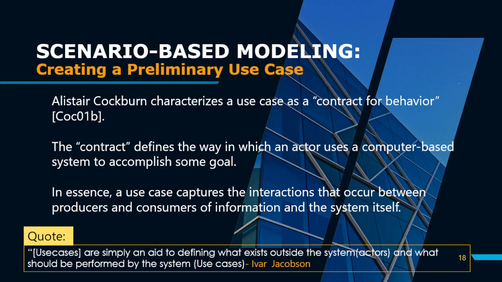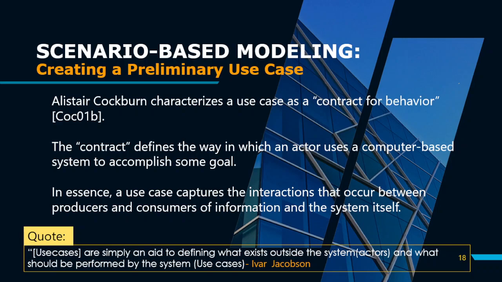Scenario based models are models from the perspective of the actors, so they can understand what's going on in the system with the help of these models. In scenario based modeling, the first thing we have to do is create preliminary use cases. According to Alistair Cockburn, a use case is a contract for behavior.